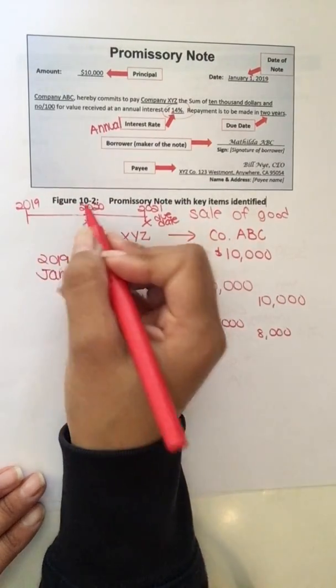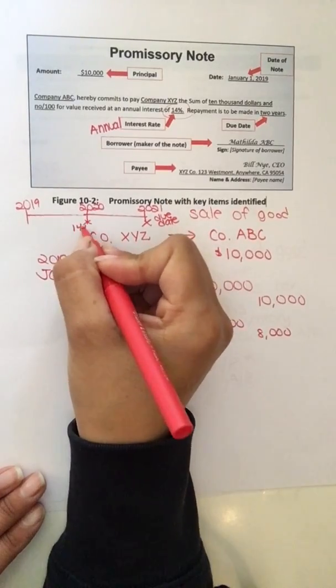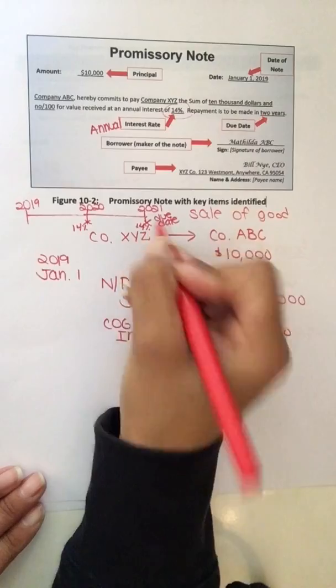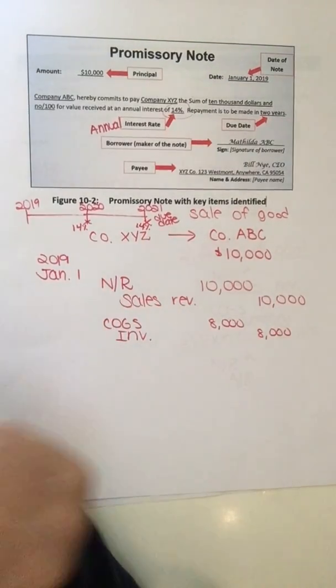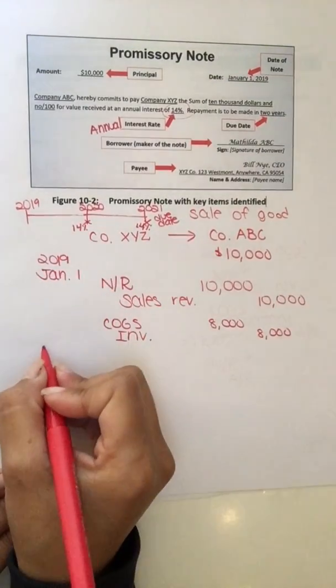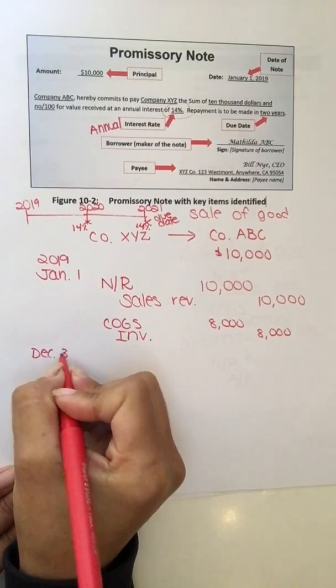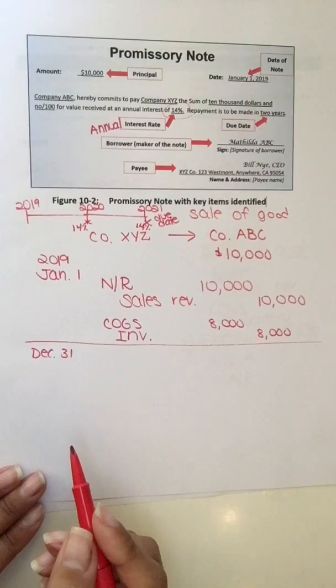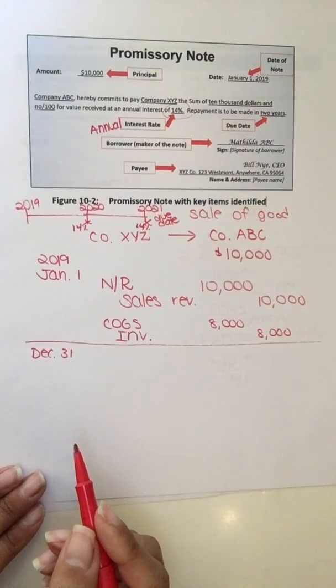So after 1 year, we've earned 14% interest of the principal. And then at the second year, we've earned the other 14%. So at the end of 2019, December 31st, when we make all of our adjusting journal entries, we're going to have to record one for the interest related to this note receivable.